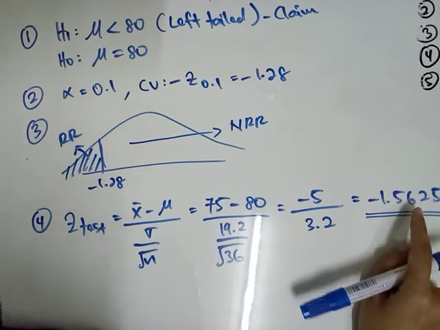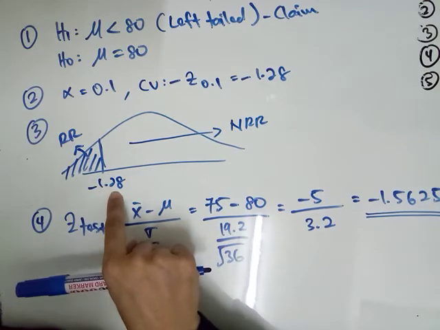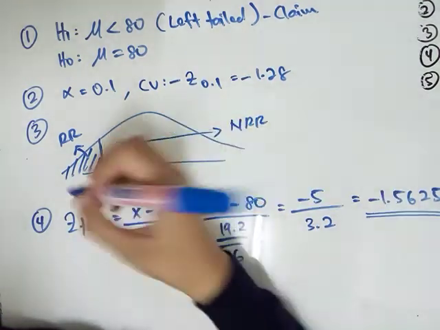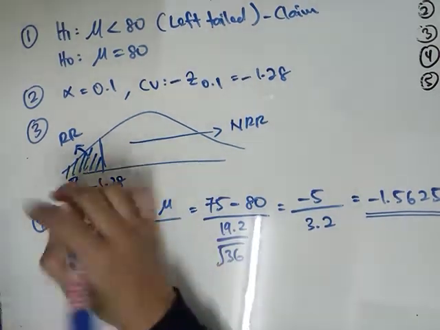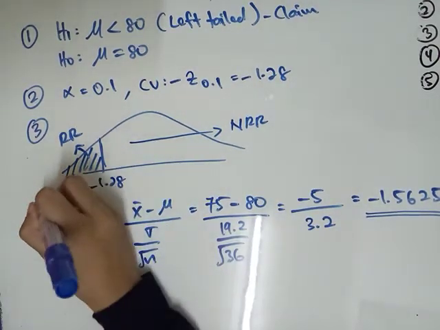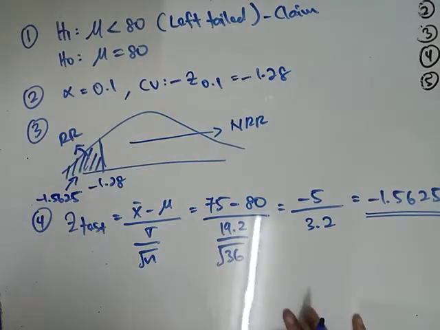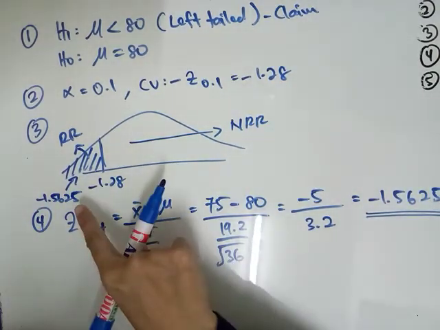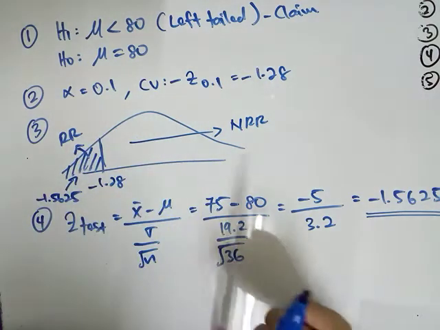This value -1.5625 is lower than -1.28. Okay, so its position is in RR, it is in the RR position.